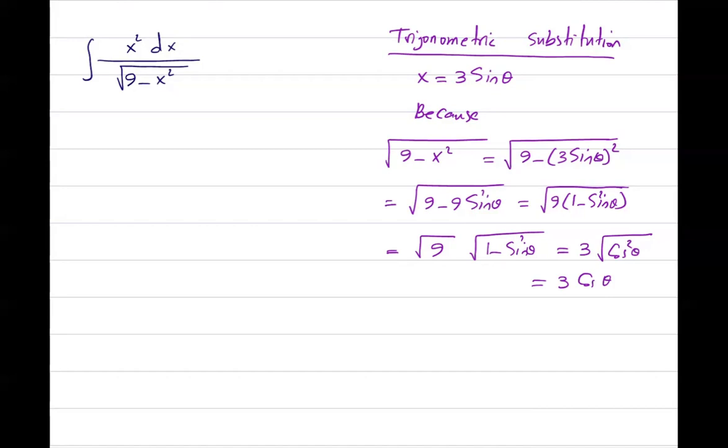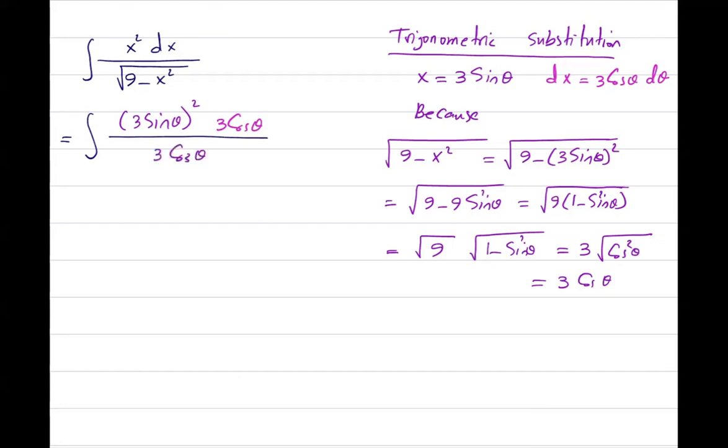So since x is equal to 3 sine theta, dx is 3 cosine theta d theta. Let us continue. This is the integral of x squared, which can be written as 3 sine theta to the second power. For your dx, we have 3 cosine theta, and we just saw that on the denominator, it is 3 cosine theta, right?